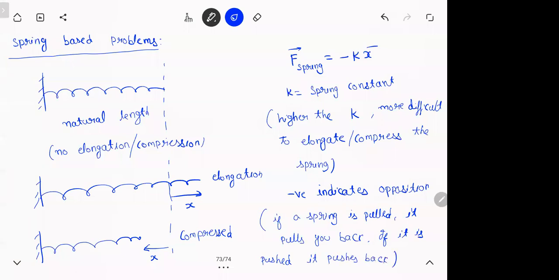So basically, that is the nature of the spring. You try to push it, it will push you back. You try to pull it, it will pull you back. That's what the minus sign is trying to tell you. The minus sign is simply a mathematical way of telling that the system is going to oppose you.